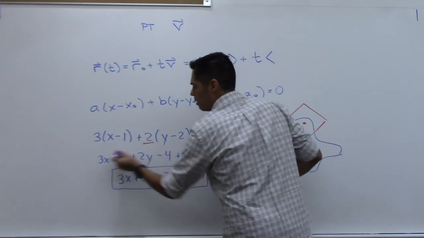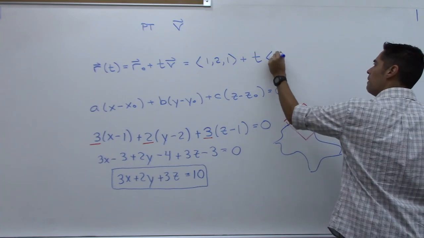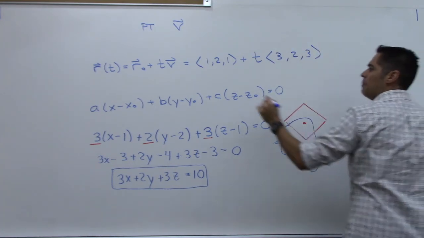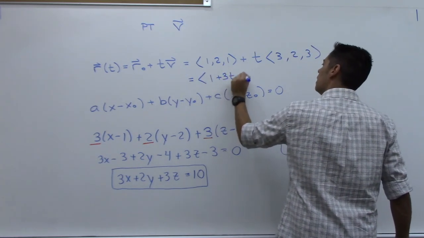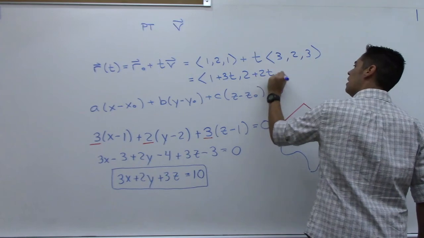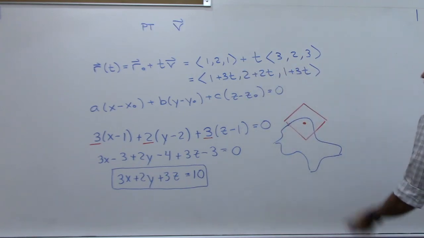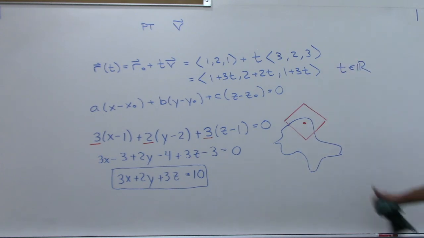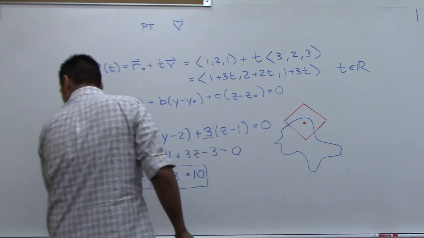The normal vector comes from your ABC. So we just use 3, 2, 3. And then put this together, you get 1 plus 3t, 2 plus 2t, 1 plus 3t, and that's it. t is a real number, that'll draw the whole line. So that line should punch through your plane, through that point, and run perpendicular to your plane.